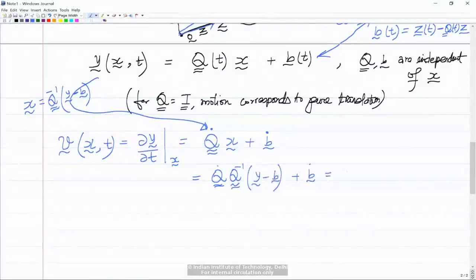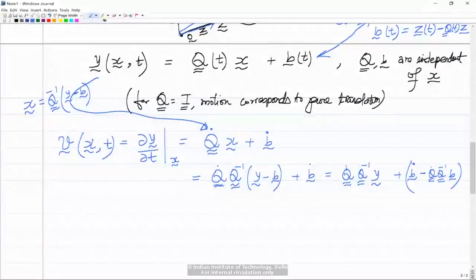And this we can also write as q dot q inverse times y plus b dot minus q dot q inverse times b, right? It's very simple mathematics being done here.